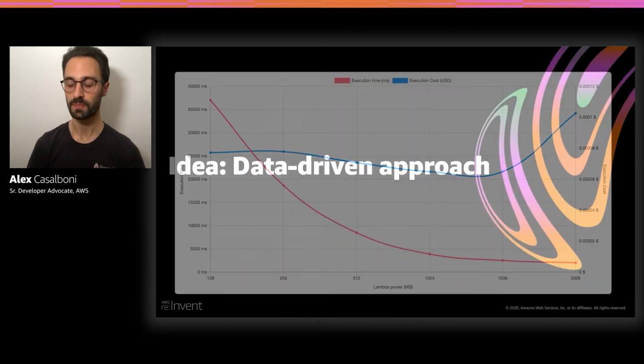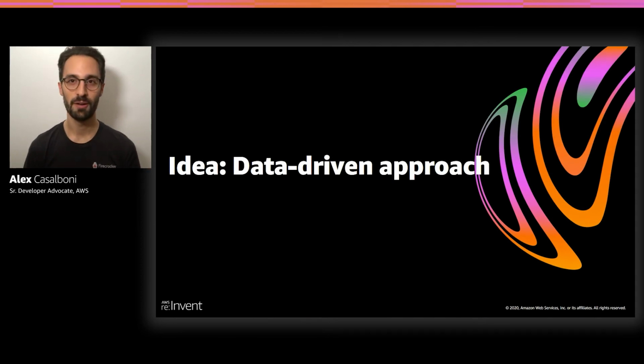Now, I'm very passionate about this topic, and especially back before I joined AWS, I was an AWS customer, and I used Lambda a lot, and one day I was there trying to fix this problem, and I had an idea. I had a data-driven idea. What if I can use data to solve this problem for everyone?